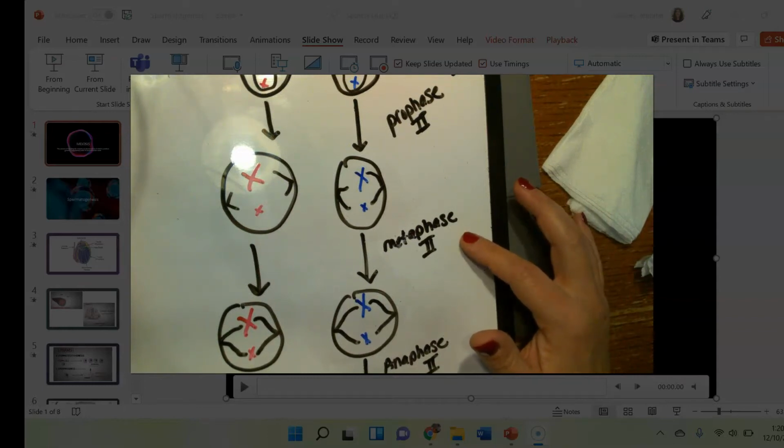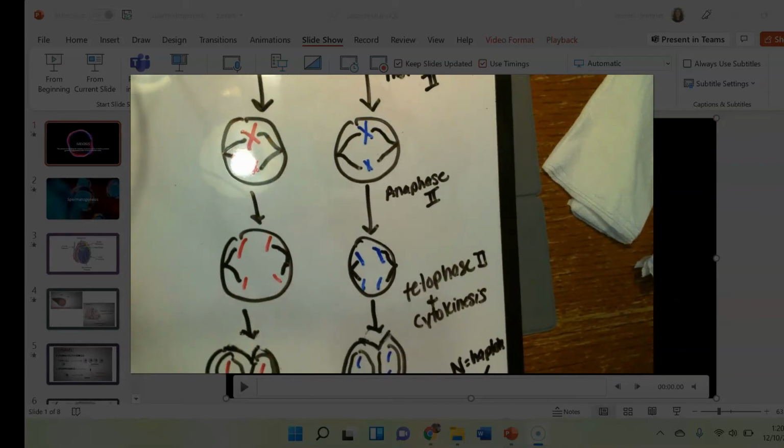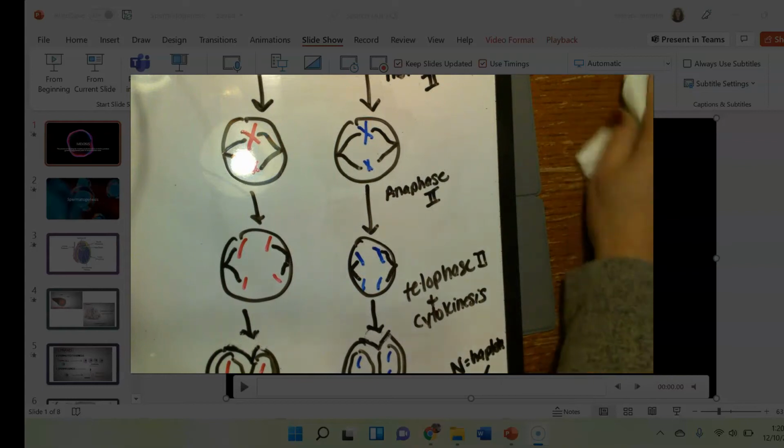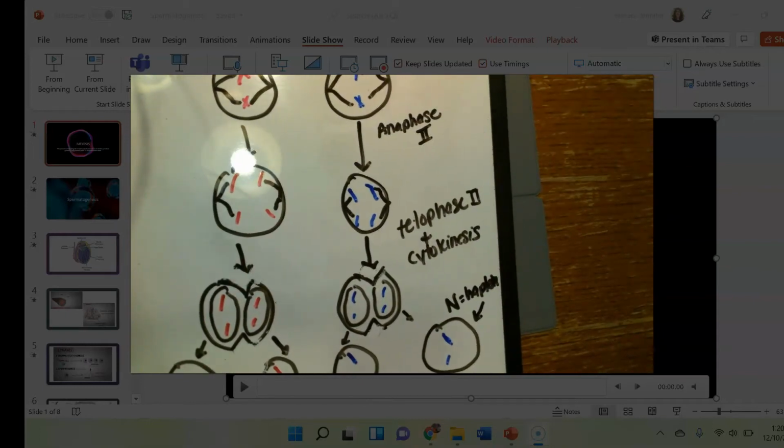Now in meiosis I, the pairs are going to still be together, but chromosomes are going to line up along the middle. Anaphase, they're going to get separated to opposite poles. Telophase, the nucleus is going to reform, and then at some point the cell will cleave and split into 2, and then you're going to end up with daughter cells of some kind.